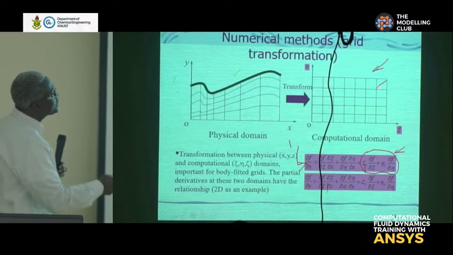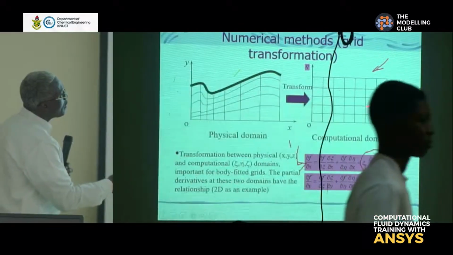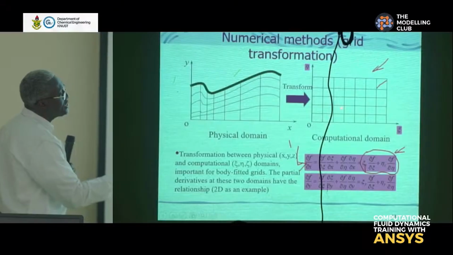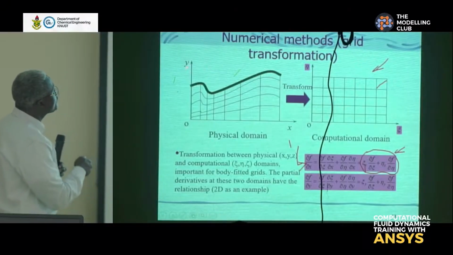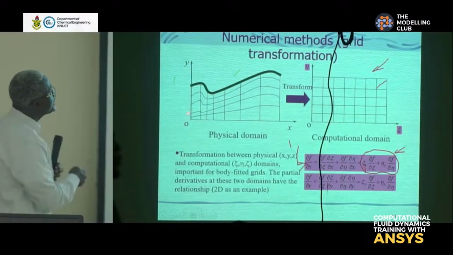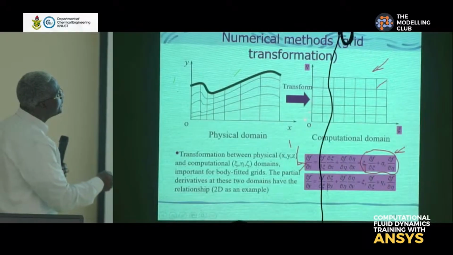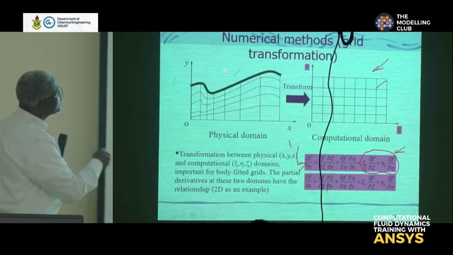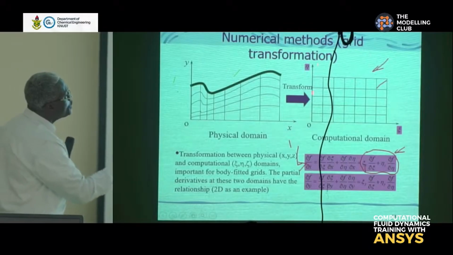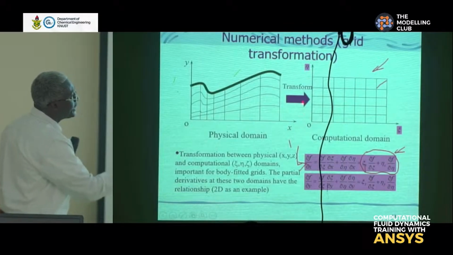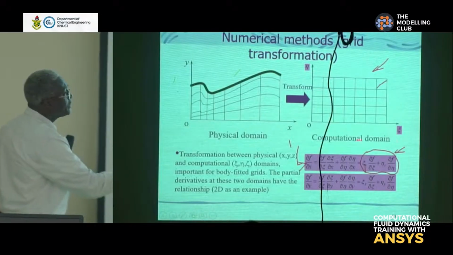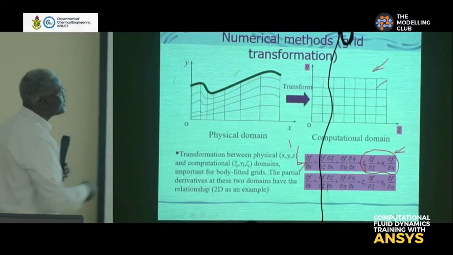We can only get this form of equal distribution of grid if we transform the x-y coordinates to this new coordinate system, eta and psi. So we have to do a coordinate transformation.